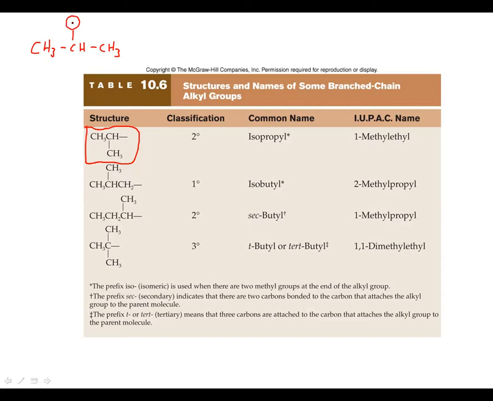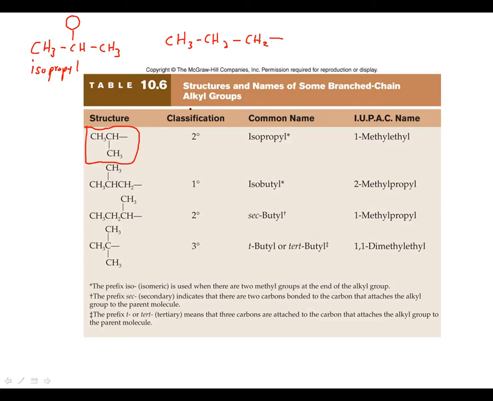And this is what is referred to again as the isopropyl group. You may say to yourself, how is that different than, say, a propyl group, which looks like this? And really the difference comes from sort of where it connects.